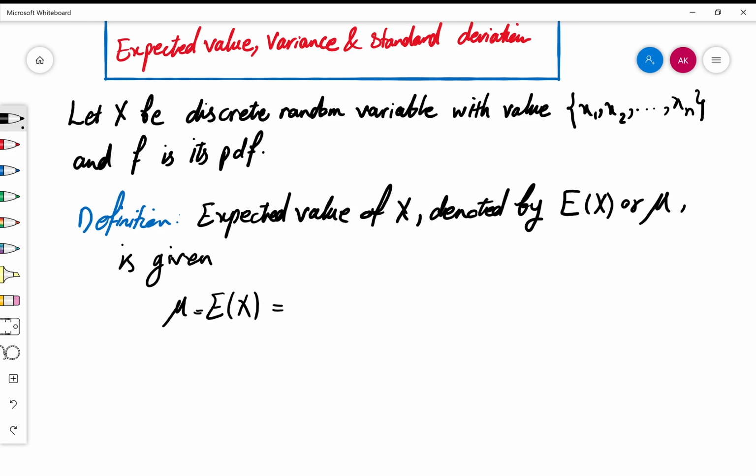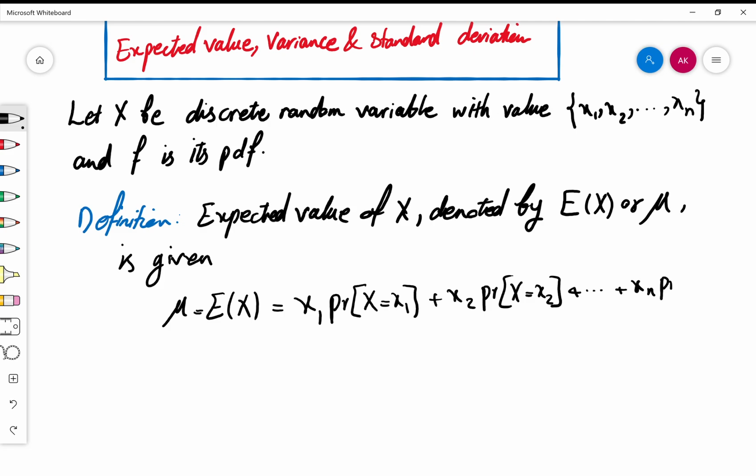It is a number. What you do is this: you multiply every value by the probability of X being equal to that value, x2 times the probability of the random variable being equal to x2, and continue this up to xn, and then add them.